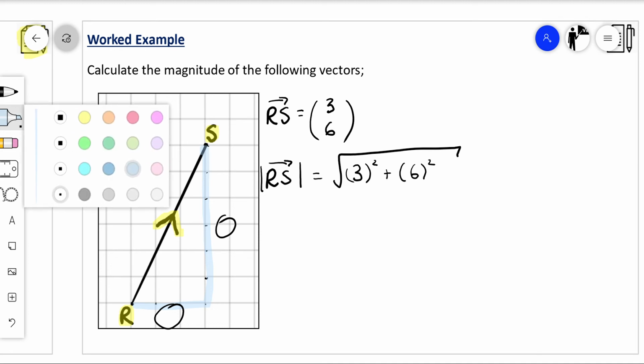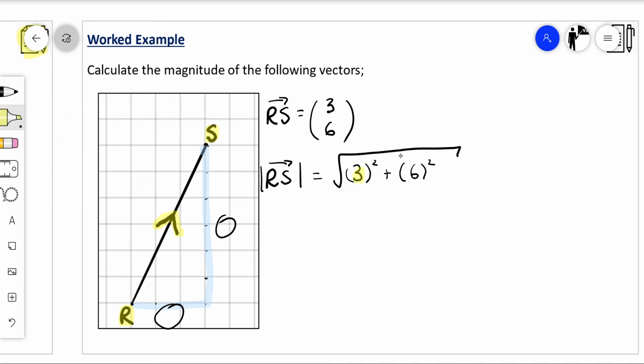I appreciate that at this stage there's no need to put in the brackets, but when there's negatives I would always put those brackets in there. Okay, let's keep going. So 3 squared is 9, 6 squared is 36. So that's going to be the square root of 45. Where possible, if you can simplify your answer as a surd, always try and leave it as a simplified surd.